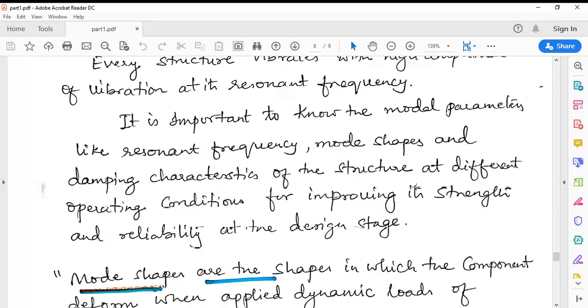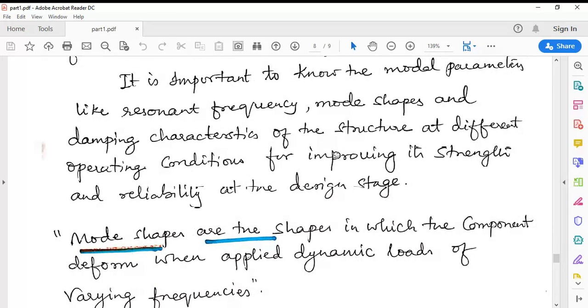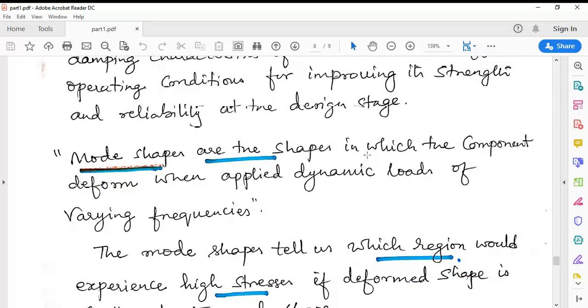So, as an engineer performing dynamic analysis, one should be aware of the various mode shapes and the effects of natural frequencies on the given structure. This is very important in order to characterize the dynamic characteristics of the problem or the structure. What is a mode shape? Mode shapes are the shapes in which components deform when dynamic loads of varying frequencies are applied.